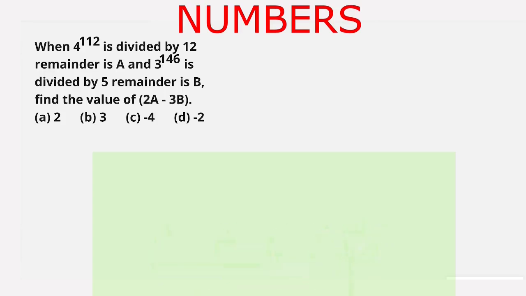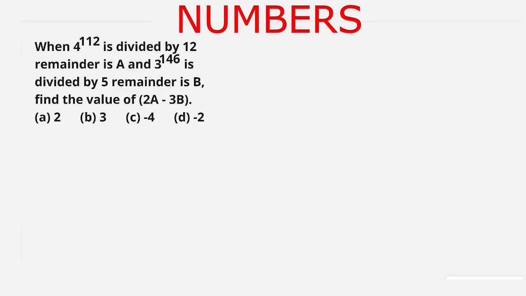It is given that 4 to the power 112 is divided by 12, the remainder is A. One thing we have to keep in mind is that whatever may be the power of 4, when divided by 12, the remainder is always 4.